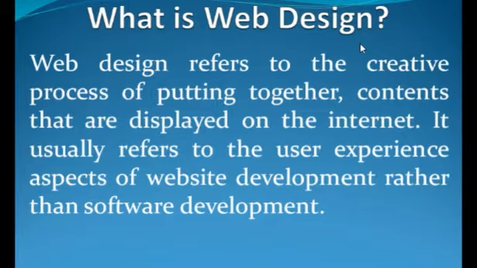So it is the creative process of putting together content that is displayed on the internet. That process of creativity of putting together these things is usually referred to as web design.